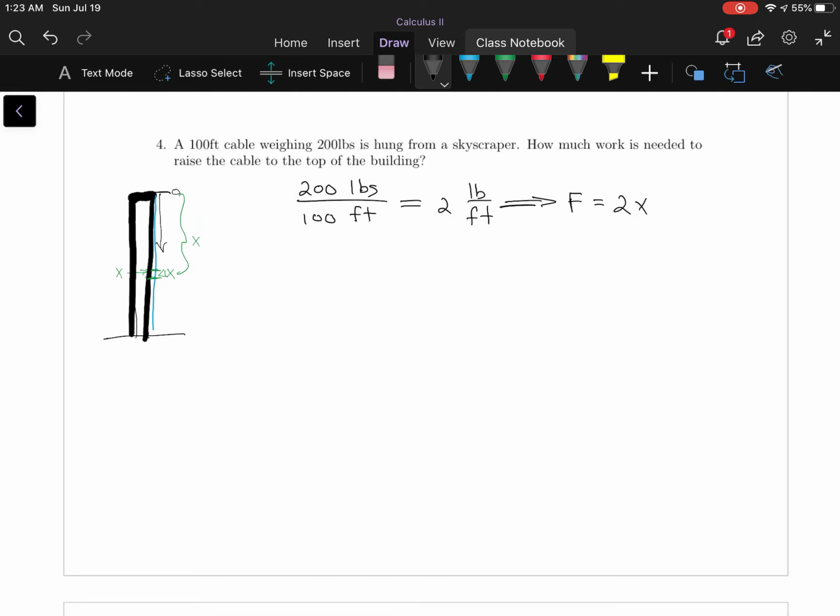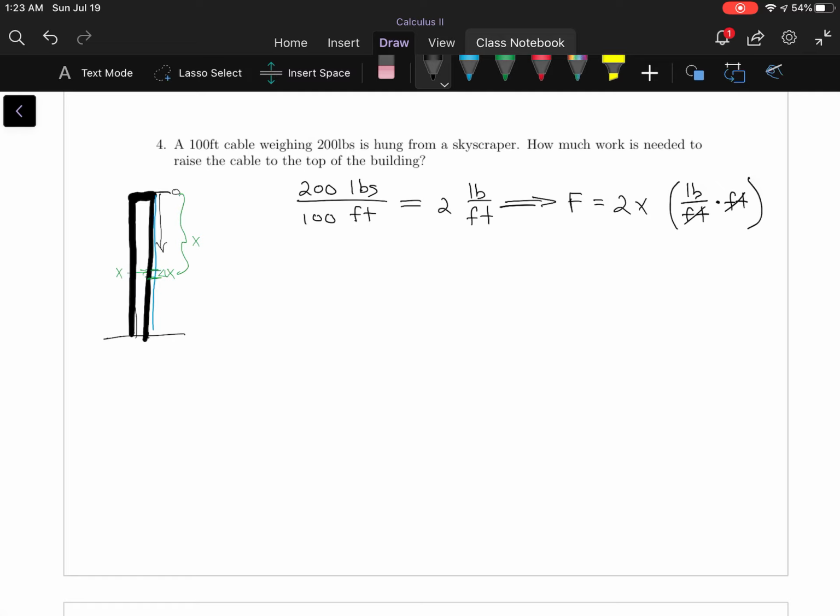And so you'll notice that the units match up. We could check this, and so the units are pounds per foot, and then the x is in feet. And so we are left with pounds. And remember, in the last video, I mentioned that for this course, pounds is viewed as a force.